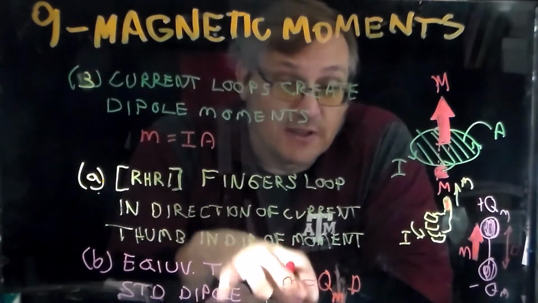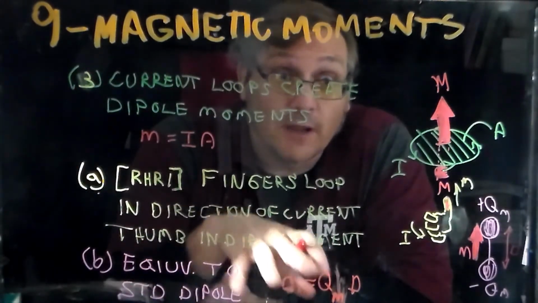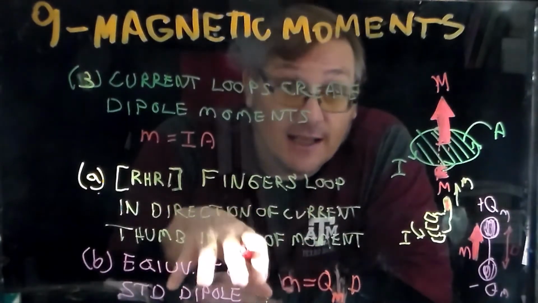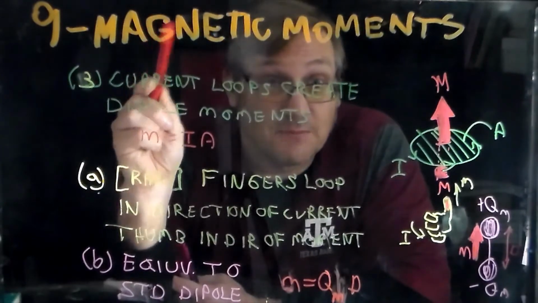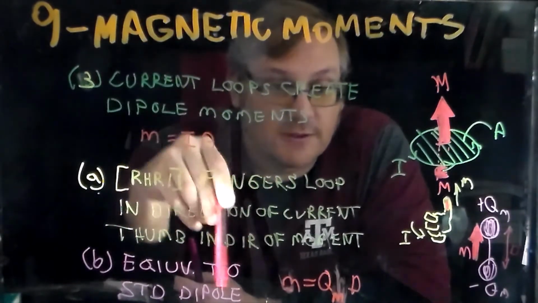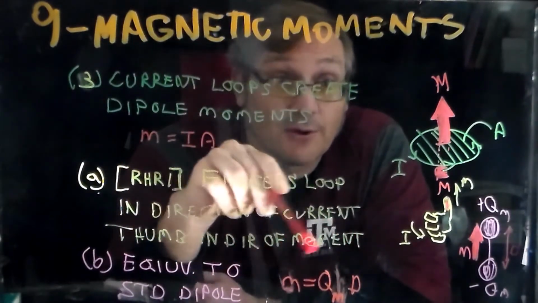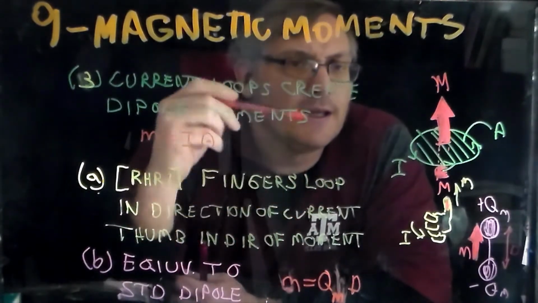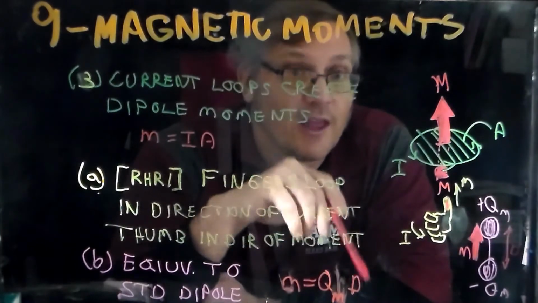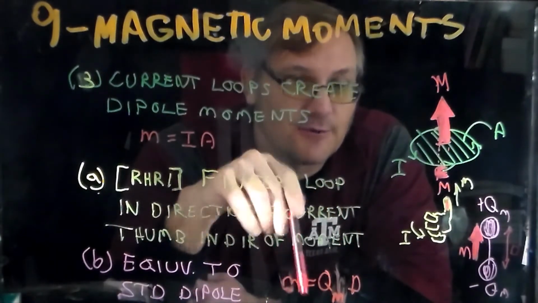We'll also use this again for calculating the force in a non-uniform field next time. And that's actually the reason why this is important, because this allows you to calculate the force in a non-uniform field, or at least get a good approximation to it, even though you don't have the calculus to figure it out.